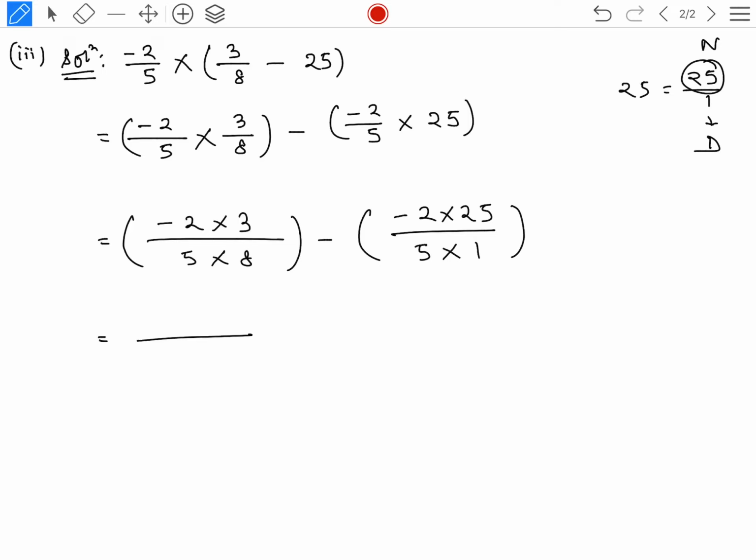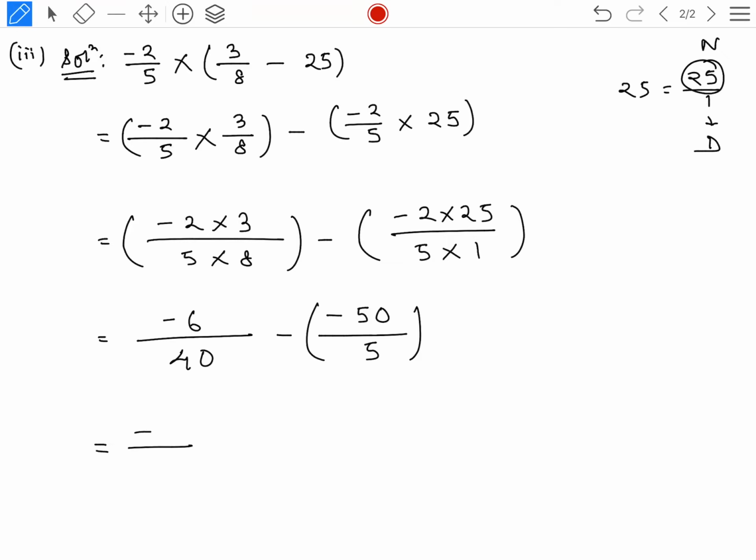Now 2 3s are 6, but negative is there, so it will be minus 6, then 5 8s are 40. Similarly, the negative sign will come here, and 25 into 2 means 50, so it will be minus 50 and 5 will come here.